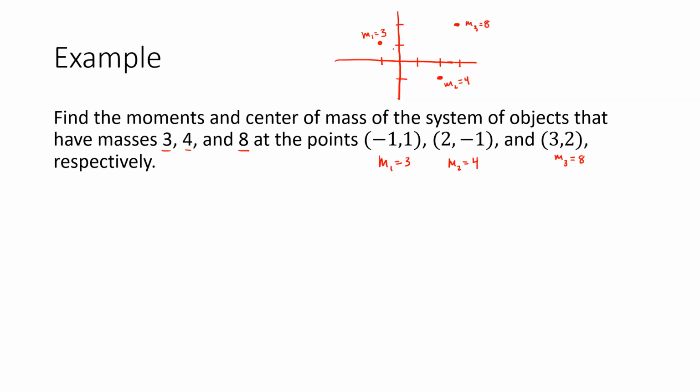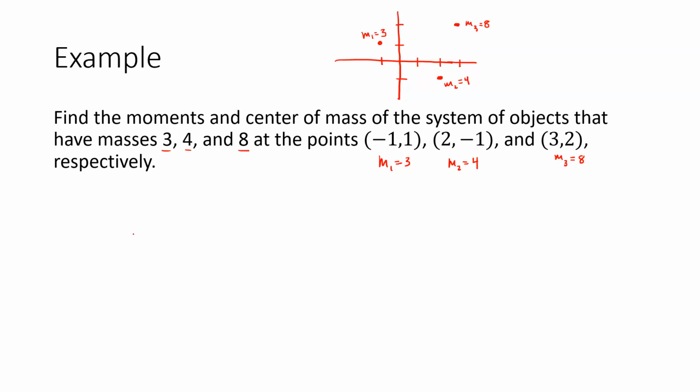We can imagine that the one that weighs the most of these three is where the center of mass is shifted towards. So our center of mass is probably going to lie somewhere in between these three points, perhaps closest to the most mass, which is at m3.